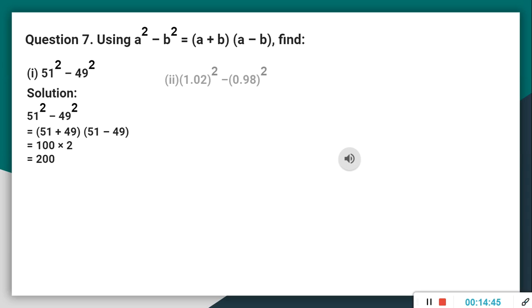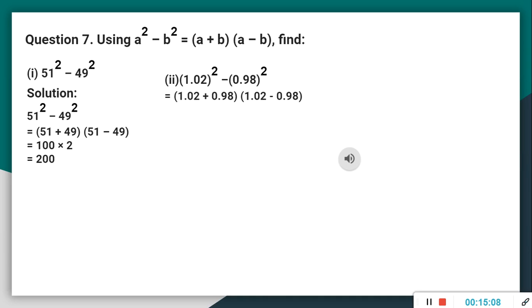Now second one, 1.02 square minus 0.98 square. Here also a is 1.02 and b is 0.98. So a square minus b square, that is a plus b into a minus b. So add together and subtract together. So 1.02 plus 0.98 into 1.02 minus 0.98.